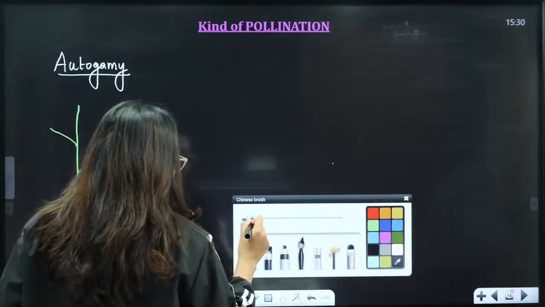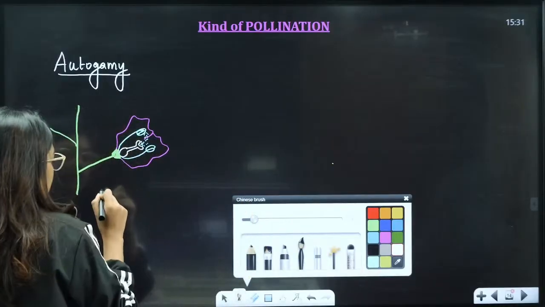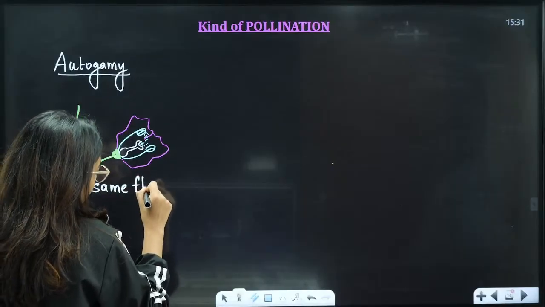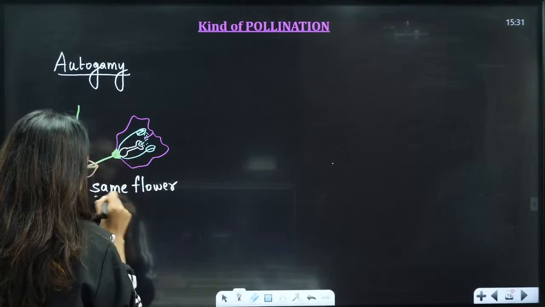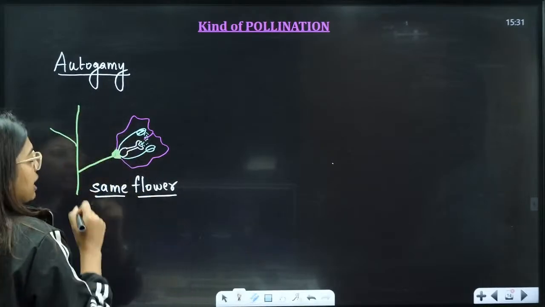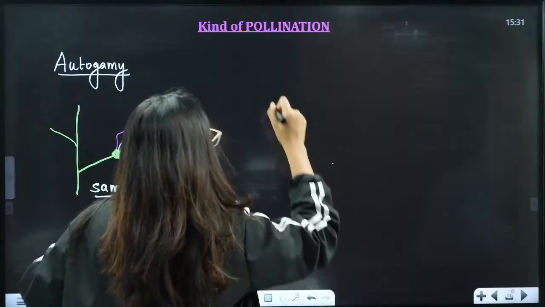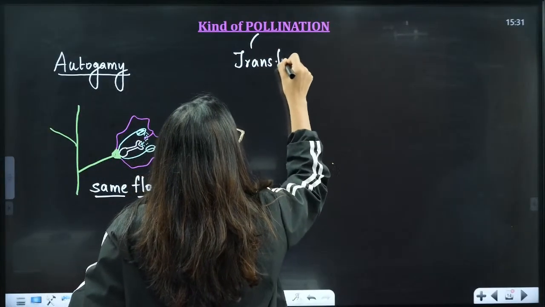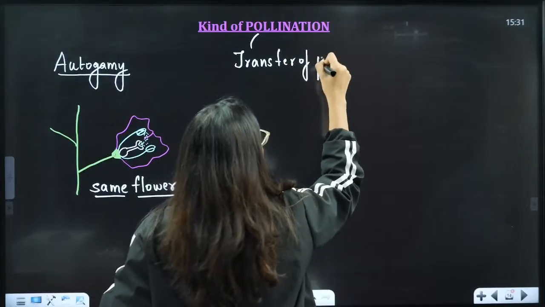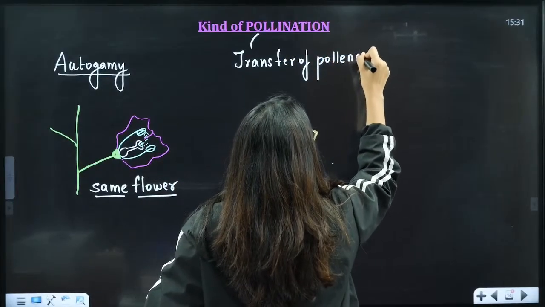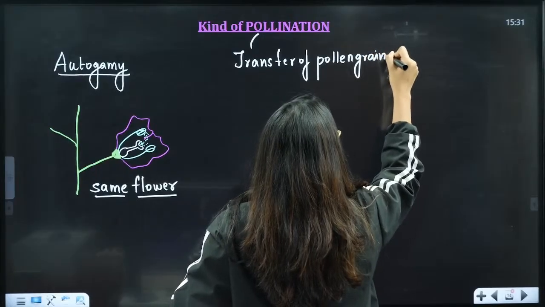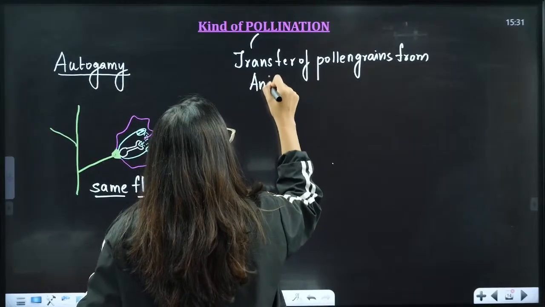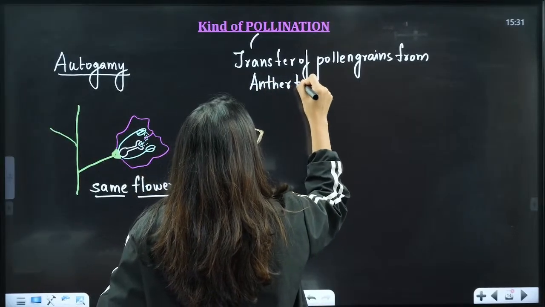That means here what is happening? Here the transfer is happening on the same flower. That is why we call it self-pollination. So the pollination definition is a bit similar: transfer of pollen grains from anther to stigma.